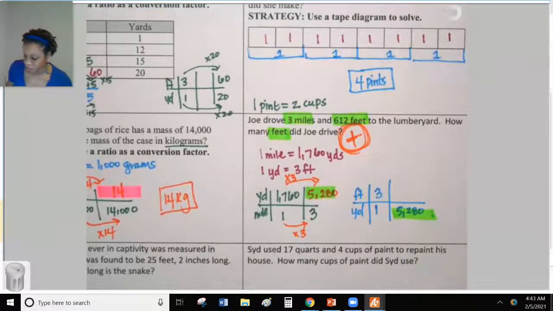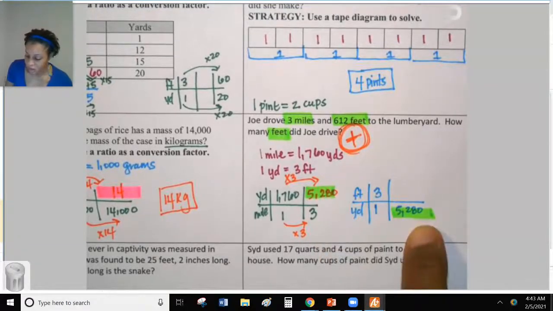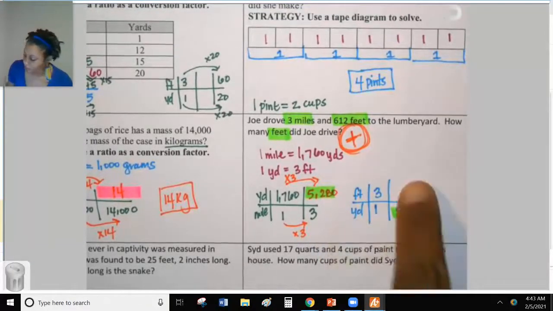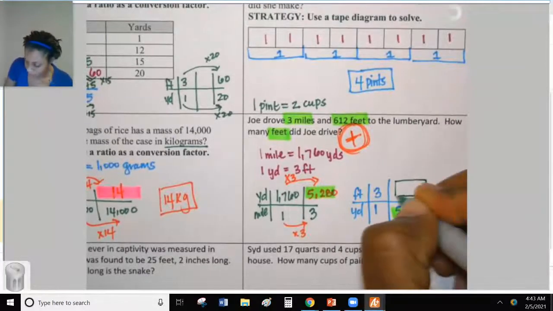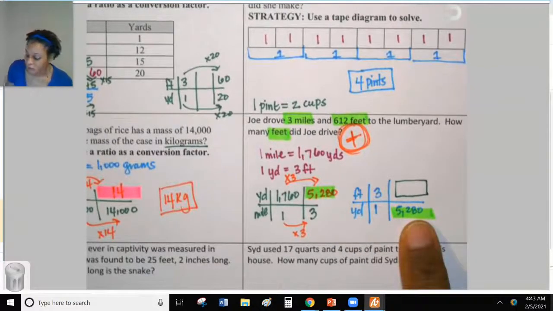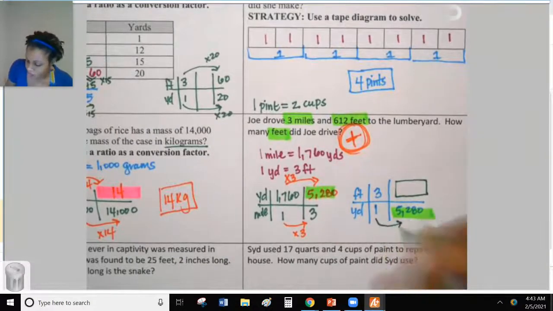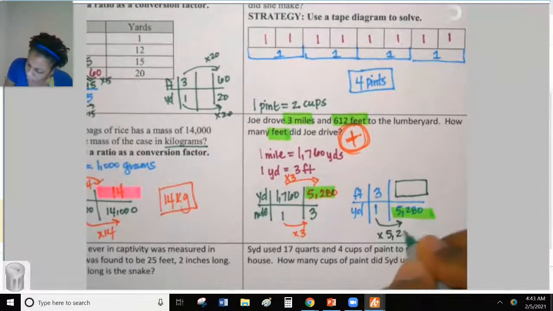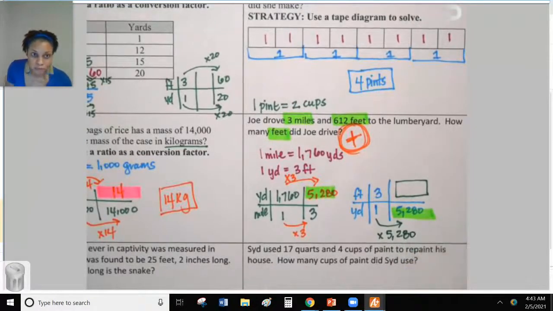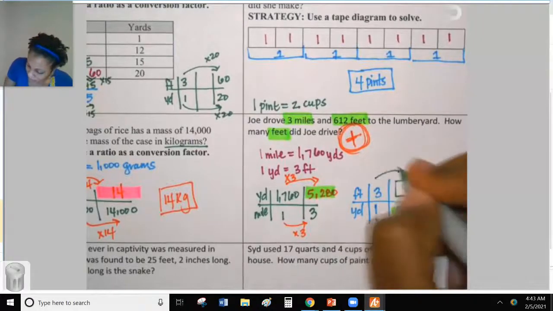Okay, this number goes there, and then I'm looking for this. How many feet is that? Okay, so how do I go from 1 to 5,280? Multiplied by 5,280. Okay, so then I'm going to multiply 3 times the same thing.